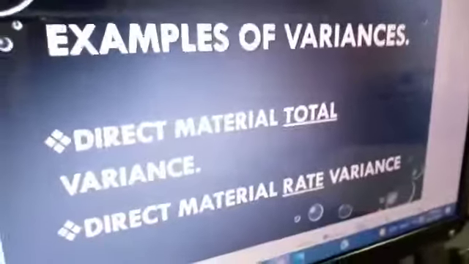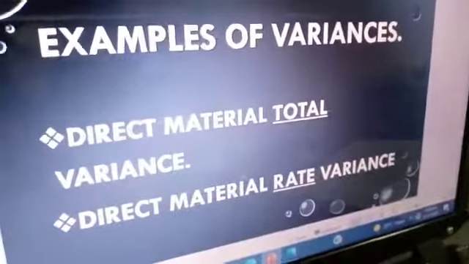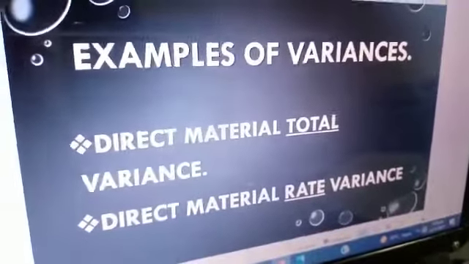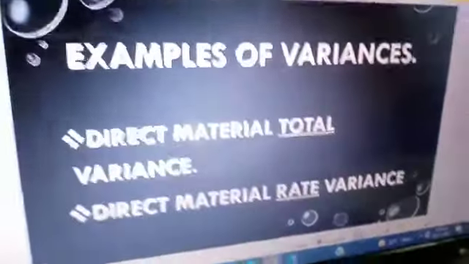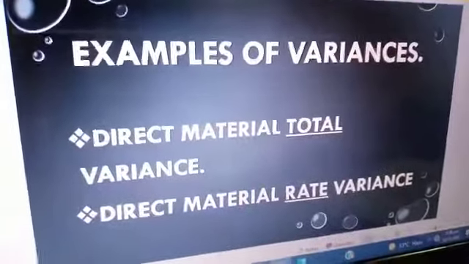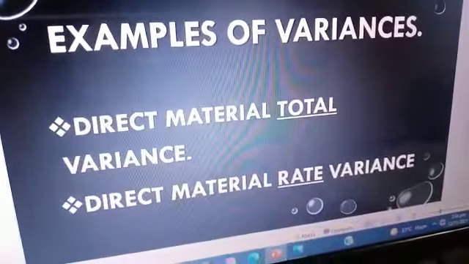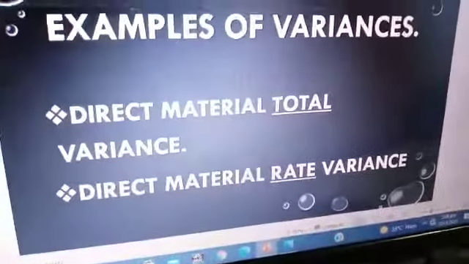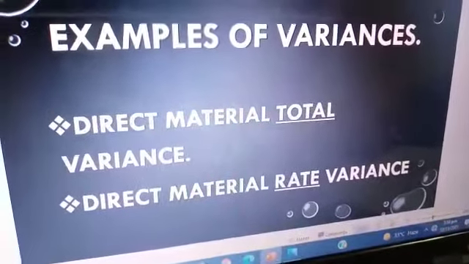The difference here is the word I've underlined, which is total, in terms of material. But in terms of material, again, there's a word I've underlined, which is rate. So those are very crucial terms to take note of. But over and above, when you look at the variances, it's about the comparison of what you planned to buy and what you actually bought.